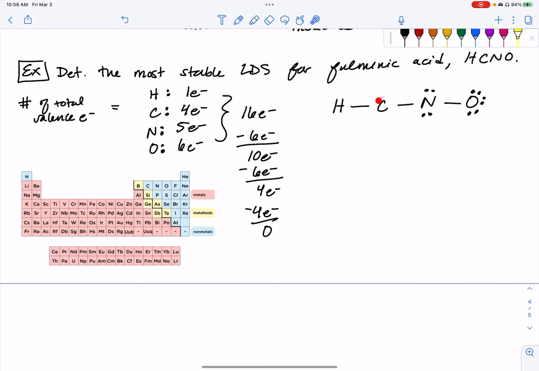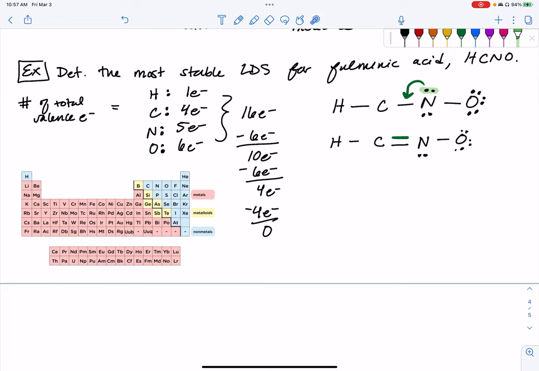Since it looks like carbon is the one that is lacking, it has the deficit, we could start with this lone pair on nitrogen, convert it into a bonding pair to carbon. That gives us HC, which is now doubly bound to nitrogen, which is singly bound to oxygen.